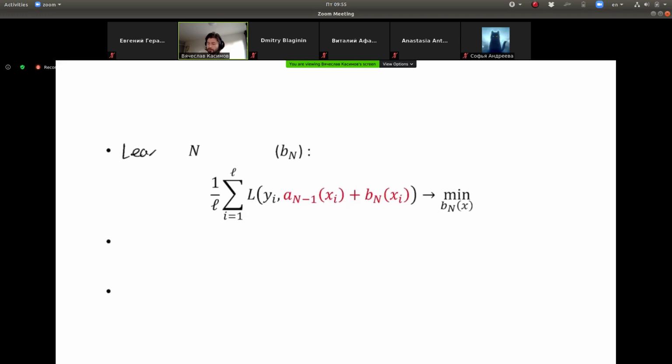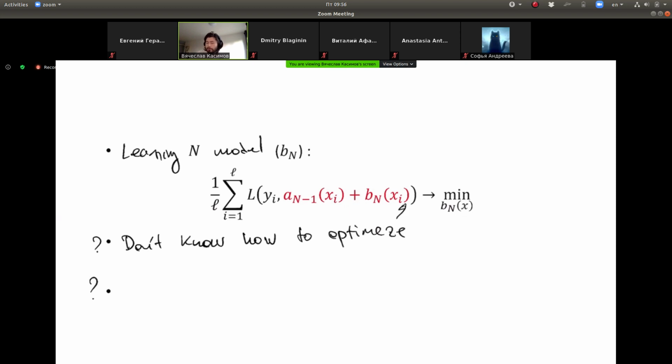Okay, so again, we learn and model. And we have a couple of questions. The basic problem is that we don't know how to optimize this functional over only b_N.